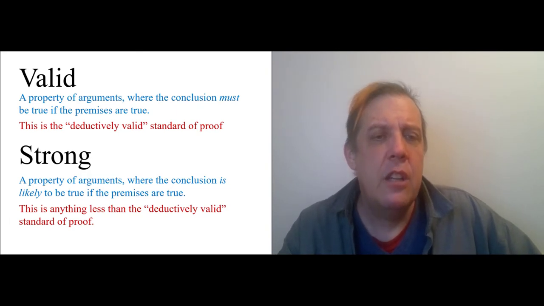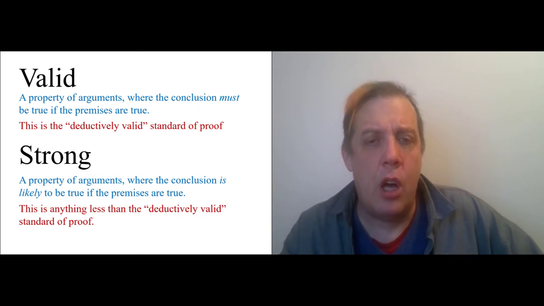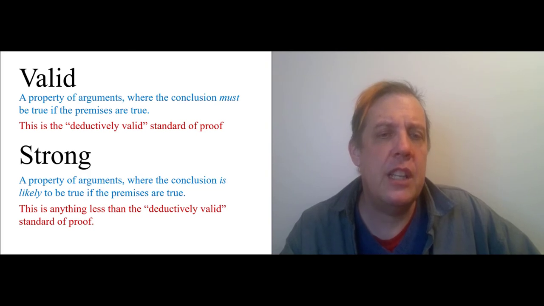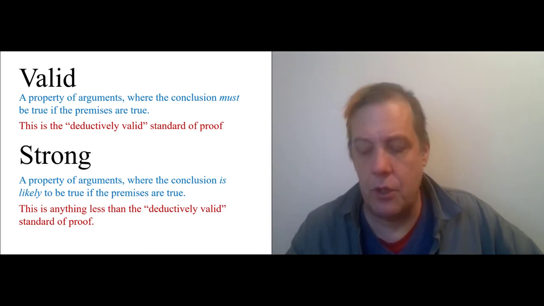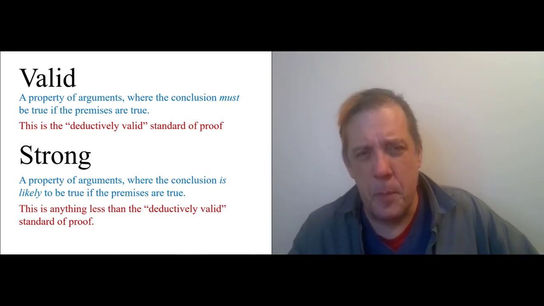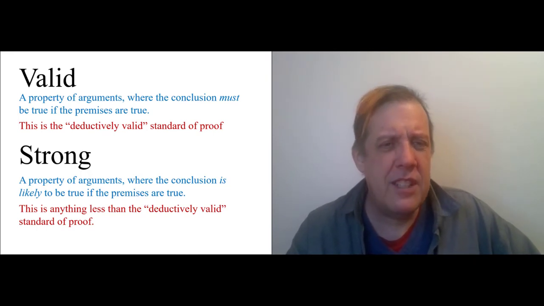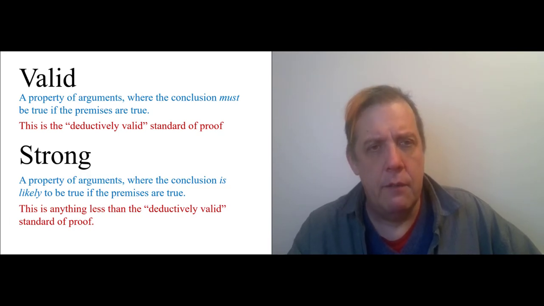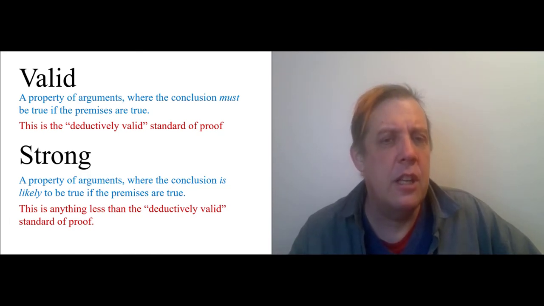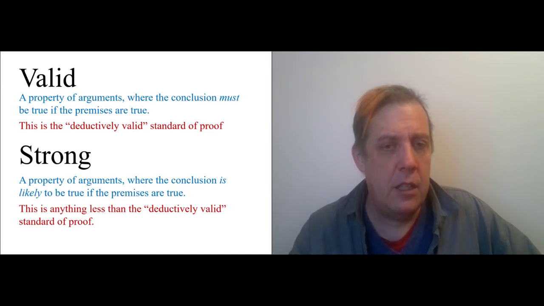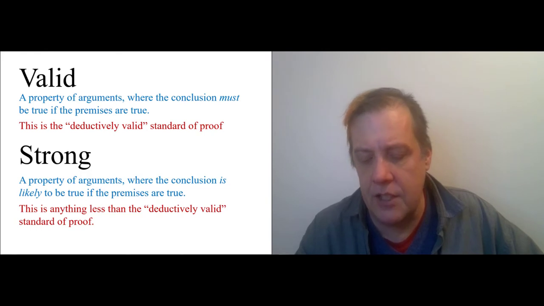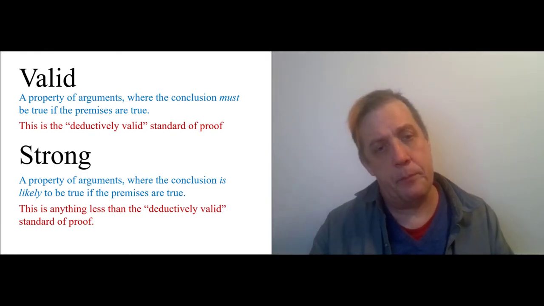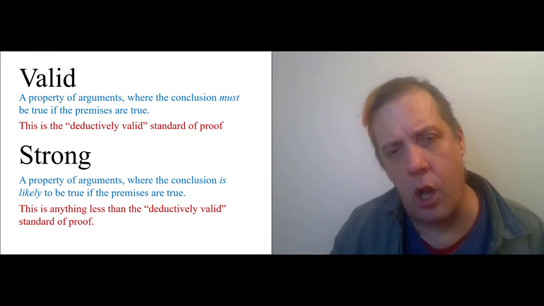On the other hand, an argument is strong if the conclusion is likely to be true if the premises are true. So this is anything less than deductive validity. Validity is our highest standard. Deductive validity is our highest standard. Anything less than that is merely a strong argument.